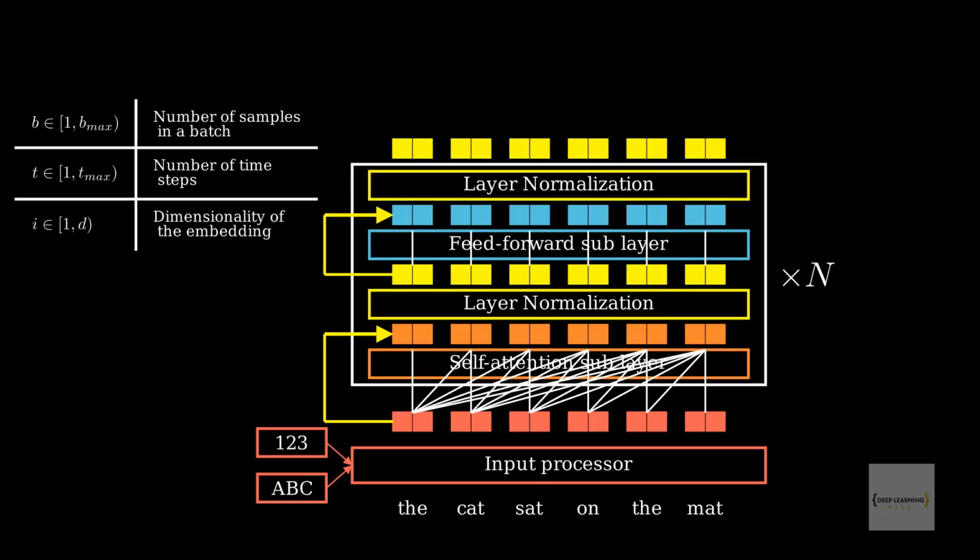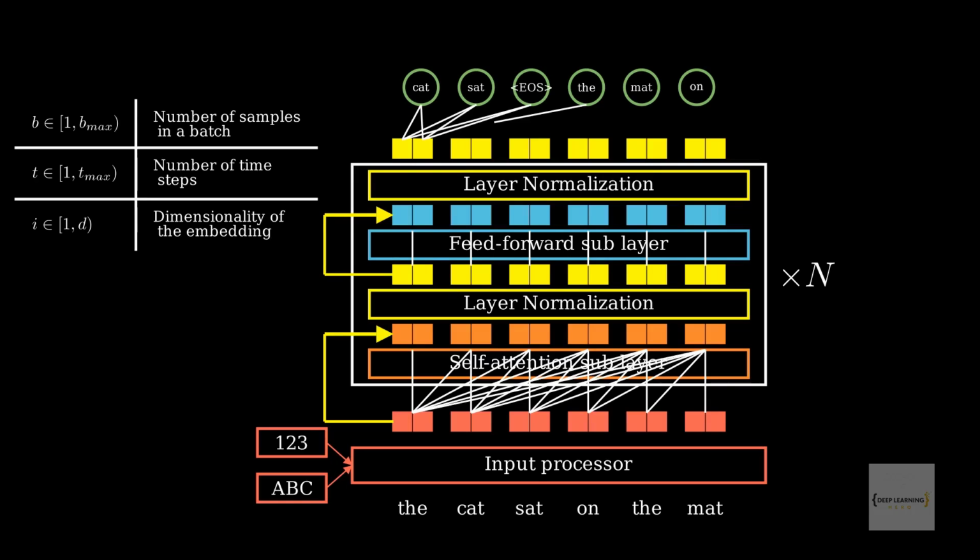The next question is, how does a transformer make predictions? For that, it has a softmax layer on top of the last transformer block. The softmax layer provides the probability distribution over all tokens, and you would pick the token with the maximum probability for a given time step. But how does the softmax layer work when you have a sequence of embeddings?